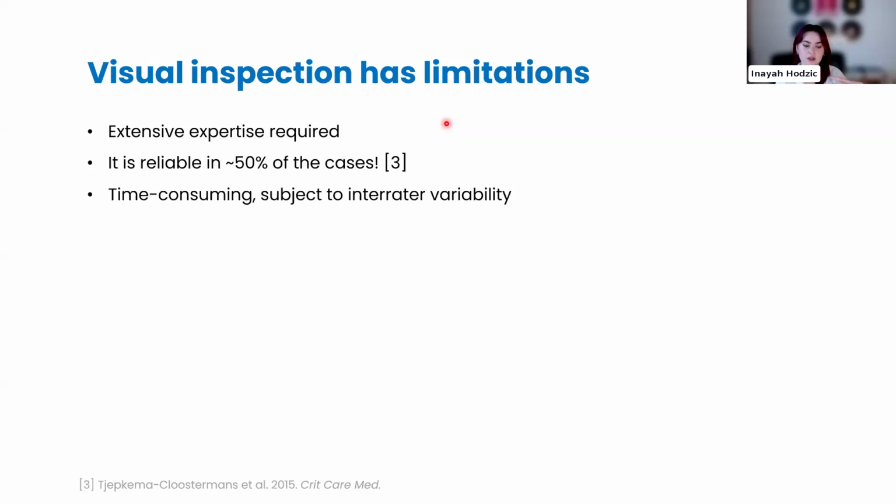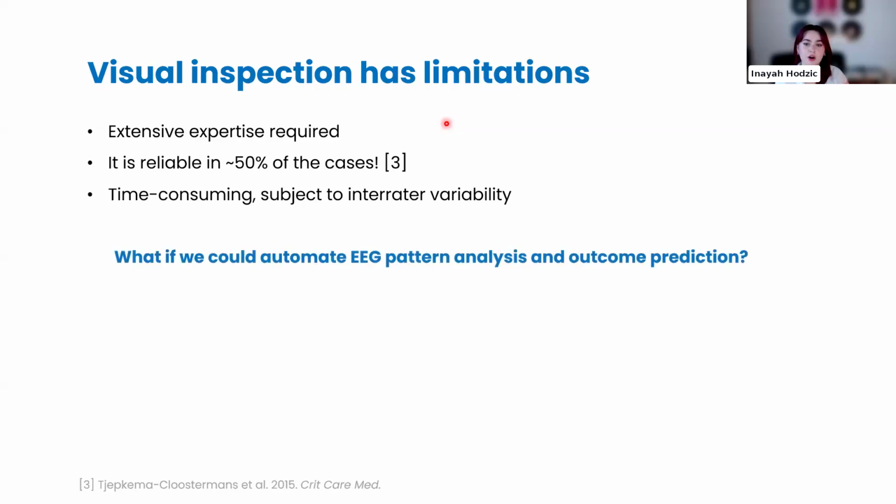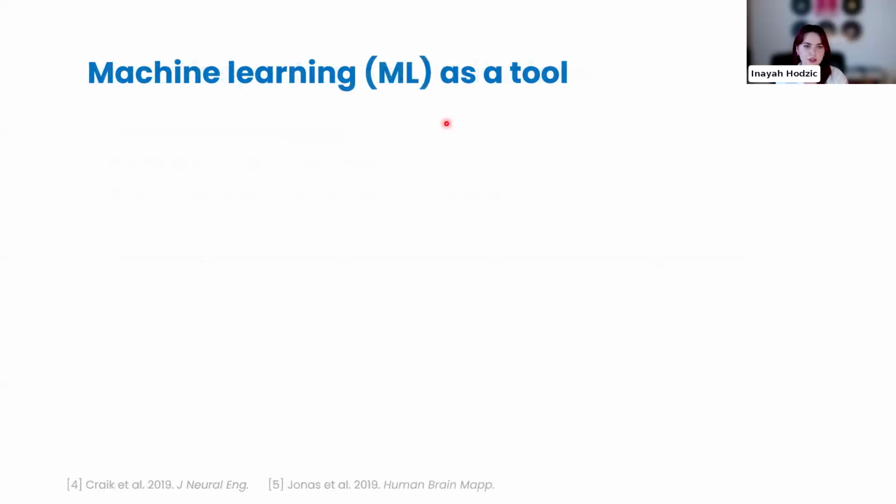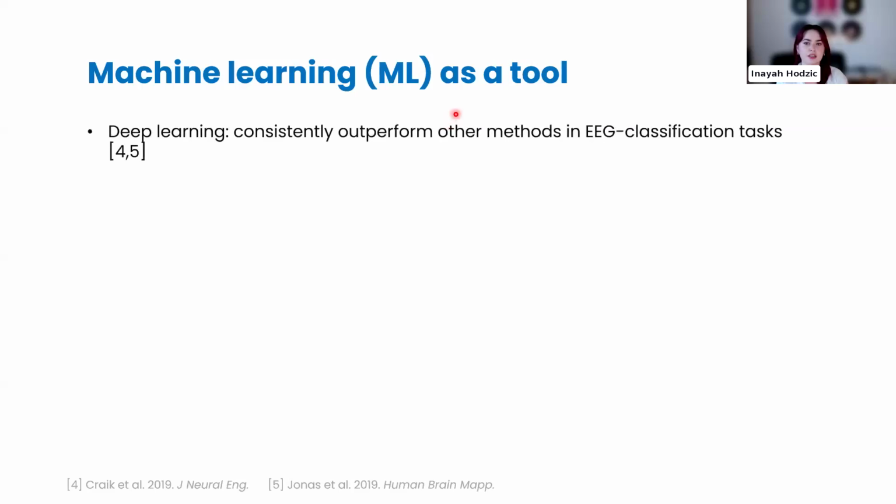And that has brought forth the question, not only to us, but research in general: what if we could automate EEG pattern analysis and outcome prediction to perhaps get an even more accurate, more objective and quicker outcome prediction or prognostication for these patients? Machine learning has recently emerged as a very valuable tool to help with this.